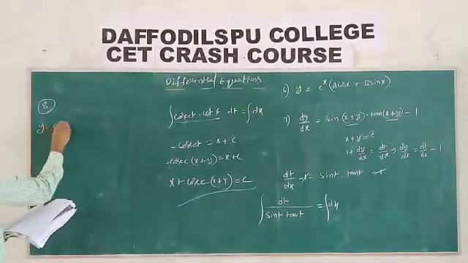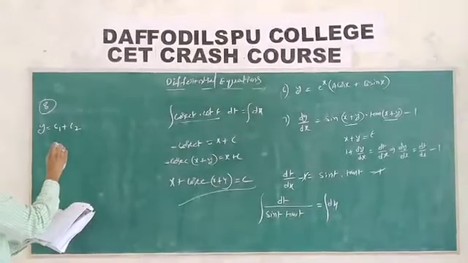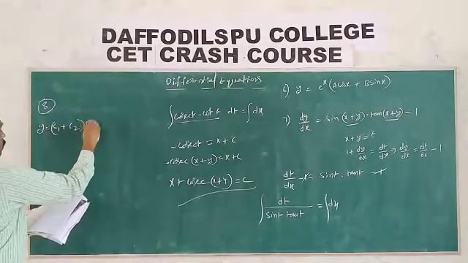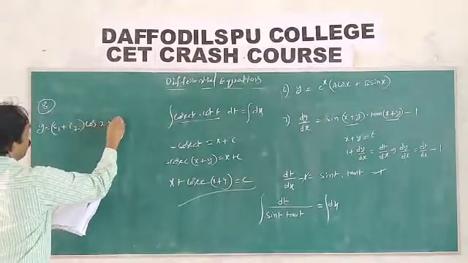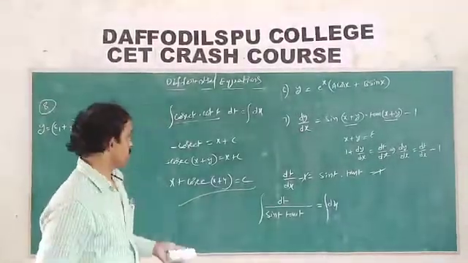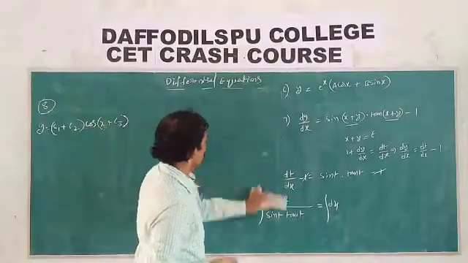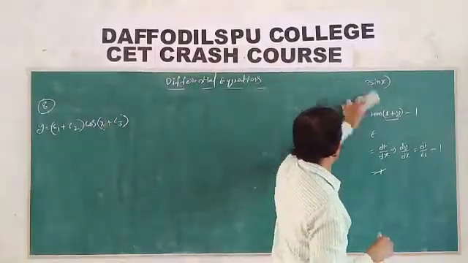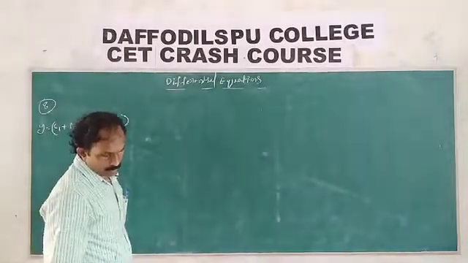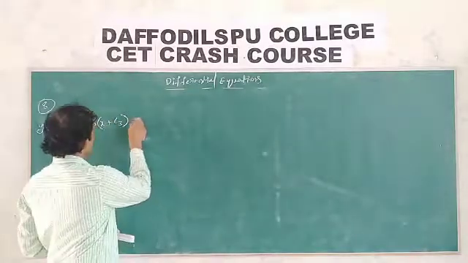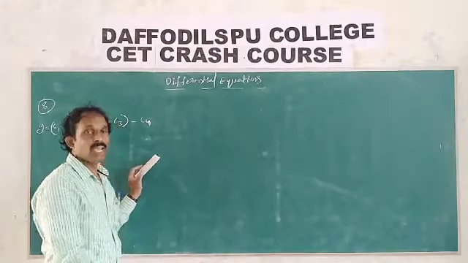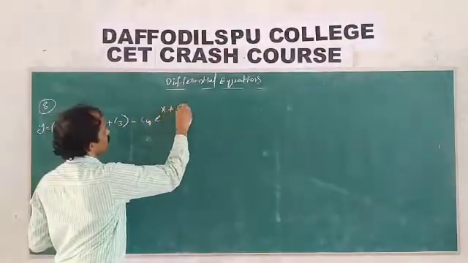y is equal to c1 plus c2 cos x plus c3 minus c4 e power x plus c5.